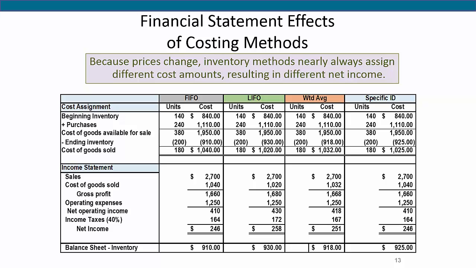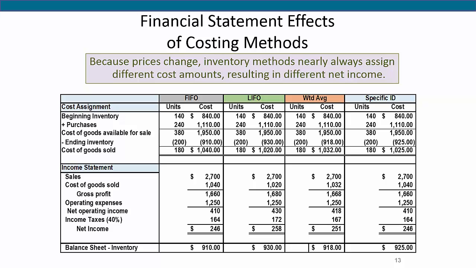Fortunately for those who adopt LIFO, purchase costs often do the opposite of our example. Weighted average yields results between FIFO and LIFO, and specific identification always yields results that depend on which units are sold. Remember, it can be very costly to use because each item must be tracked individually.